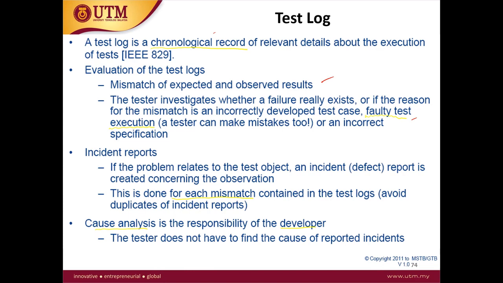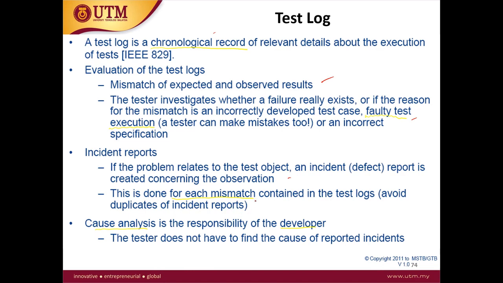For the incident reports, the problem is related to the test object, and an incident report is created concerning the observation. When we see that, okay, there is something wrong because the actual output is different from the expected output, we create the reports that we call incident reports.